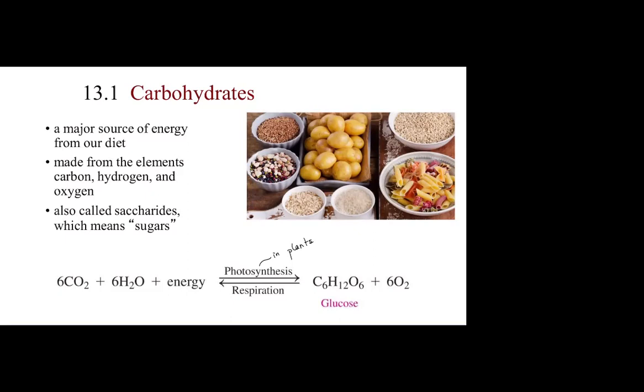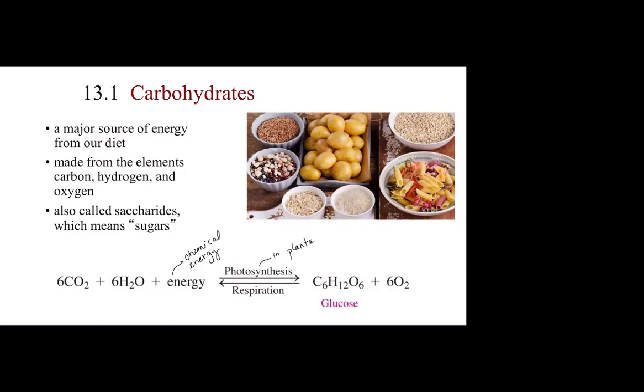Now, in the process of respiration, which is one of the things that we do in humans, we can take that glucose molecule, combine it with O2, and produce CO2, water, and energy. The energy produced by respiration is chemical energy. We discussed energy several weeks ago, but just to remind you, this chemical energy is the energy stored in bonds.